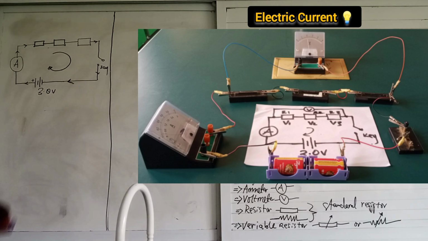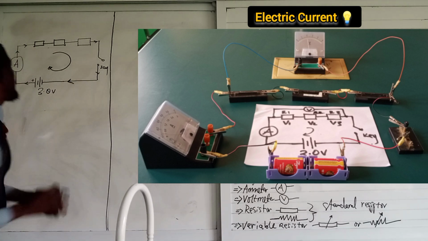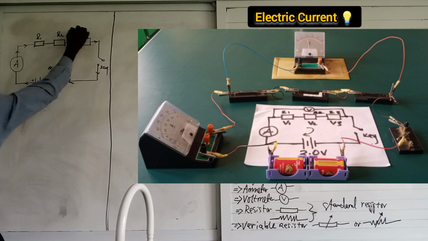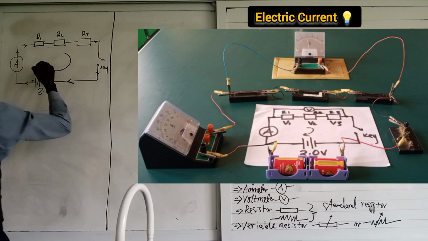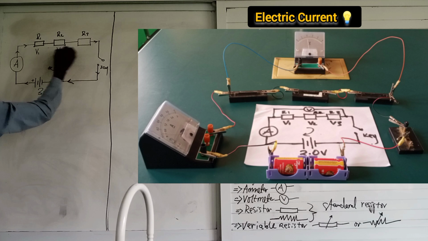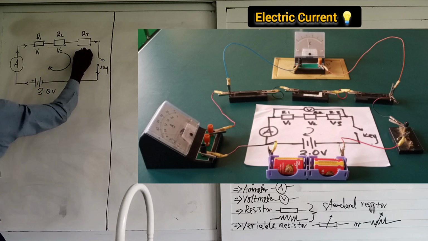Good. Next up, we said that when resistors are in series, you have different potential difference across each of them. So this is your R1, this is your R2, this is your R3. So you're going to have your V1, your V2, and then your V3.